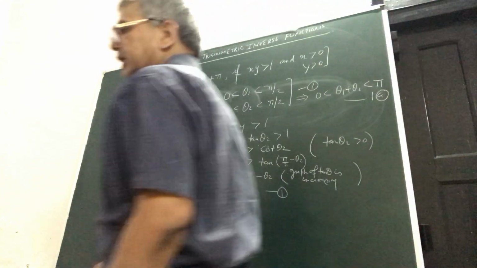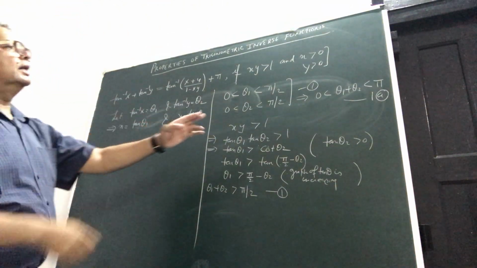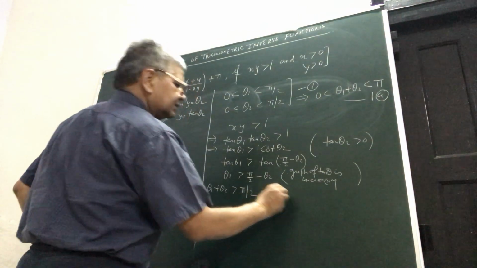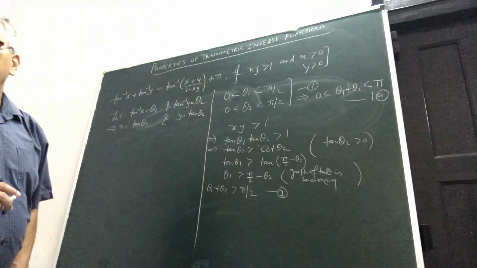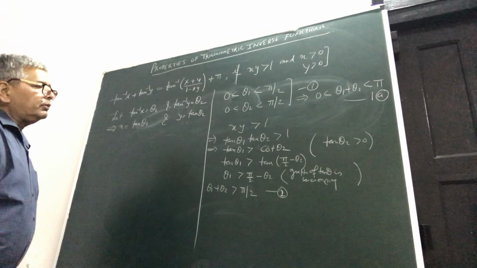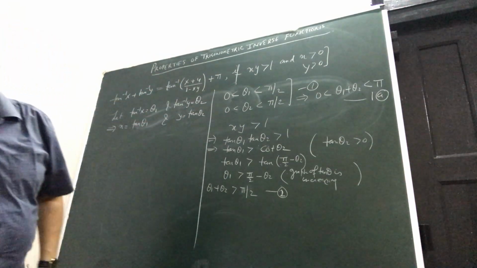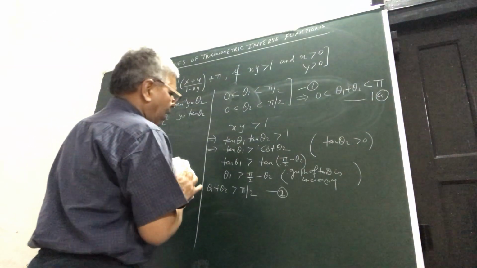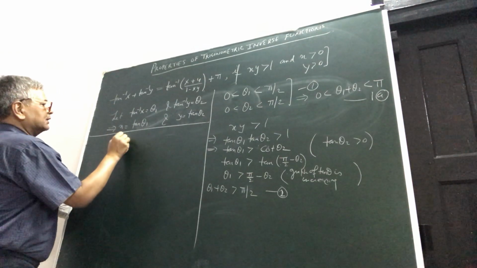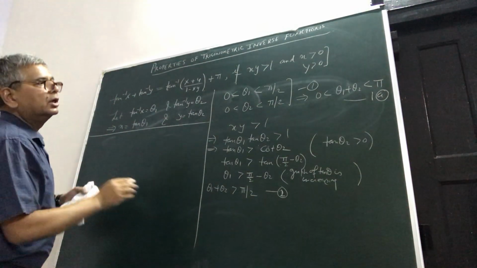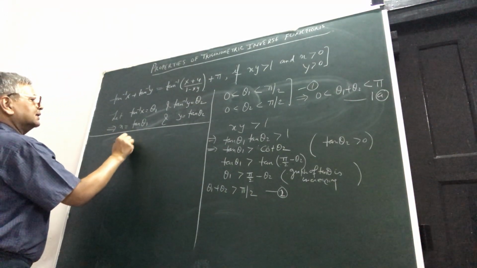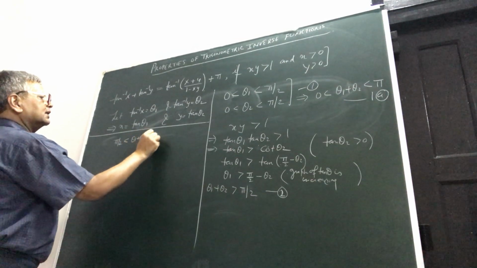Now if we combine this 1a and result 2, then together they give an important result, which I will write separately so that you can easily see it: pi by 2 is less than theta 1 plus theta 2, and this is less than pi.